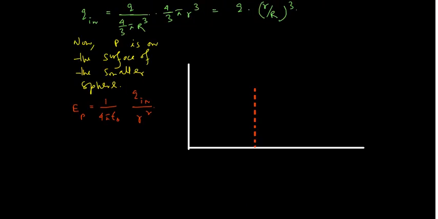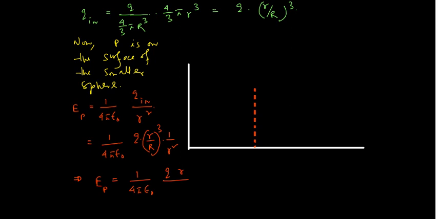So if I feed the value, we will get 1 by 4 pi epsilon naught, Q in means Q into small r by capital R whole cube, into 1 by r square. So the total result will give EP equal to 1 by 4 pi epsilon naught Q into r by capital R cube. So this is the result that we will get, है ना भाई, right?